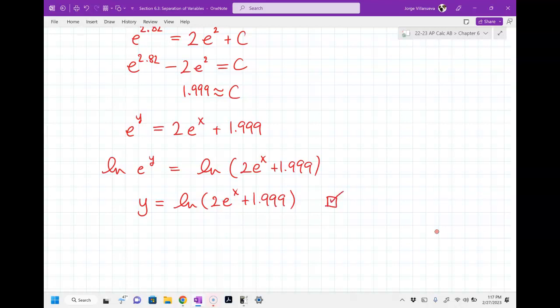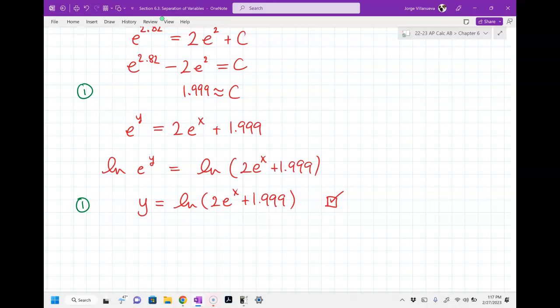This problem has the point (2, 2.82). We went through and solved for everything we needed. Right now I'll show you where the 5 points are probably going to be found. There's probably going to be a point right here, solving for y. There's probably going to be a point right here, solving for c using the given initial condition.